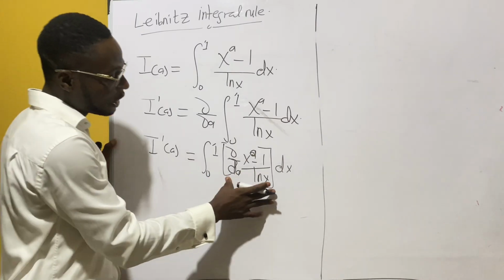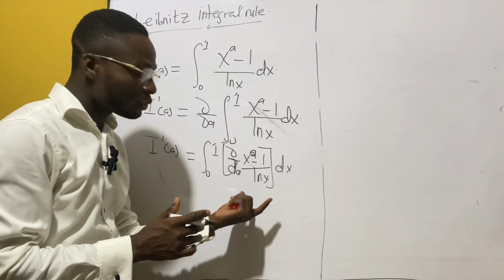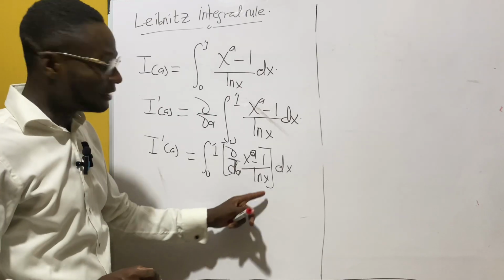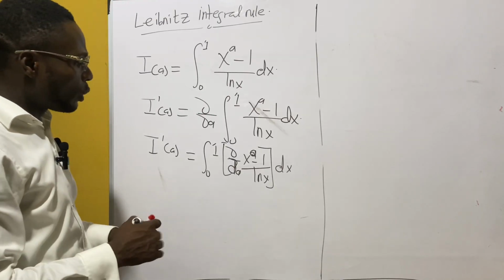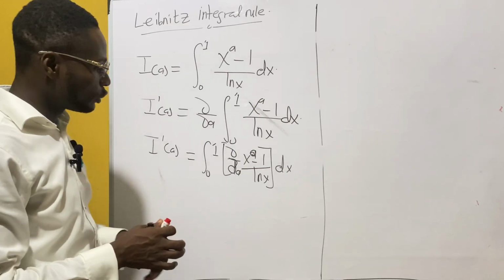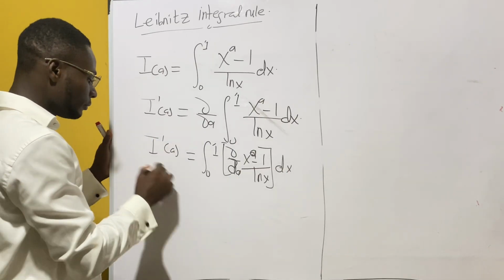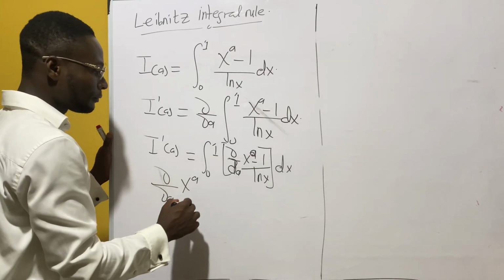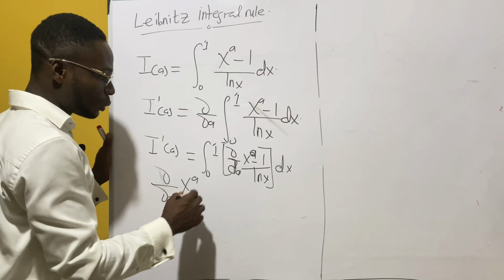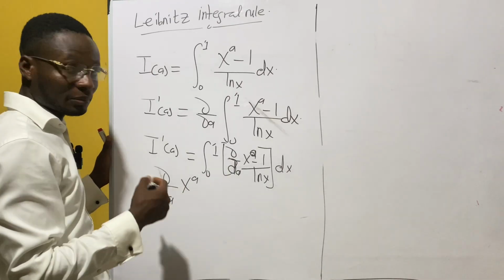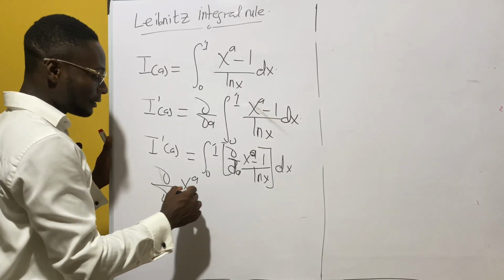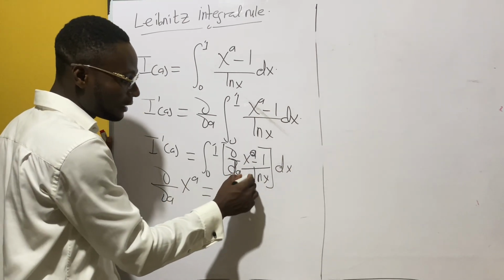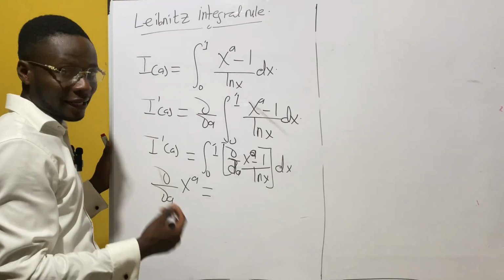Here, you differentiate what is under the integrand partially, with respect to a. With respect to a means that the rest of the items here are kept constant.